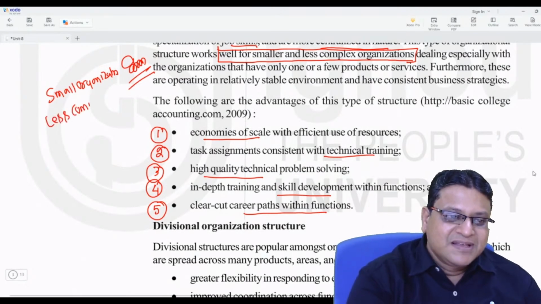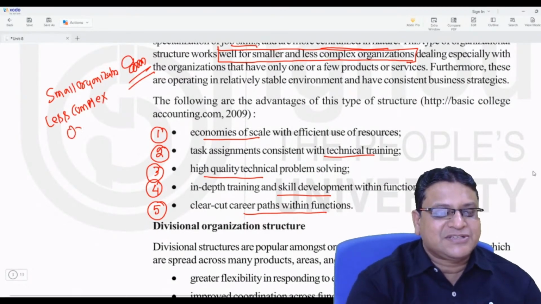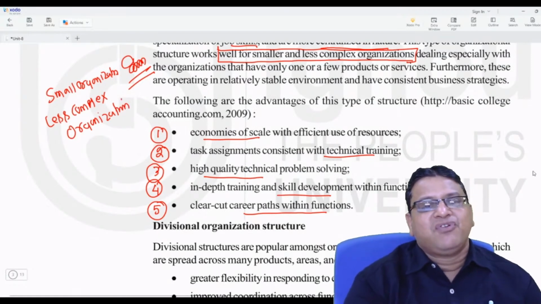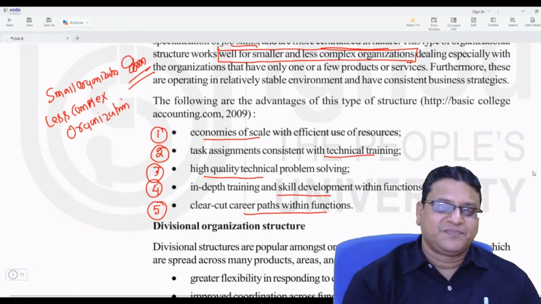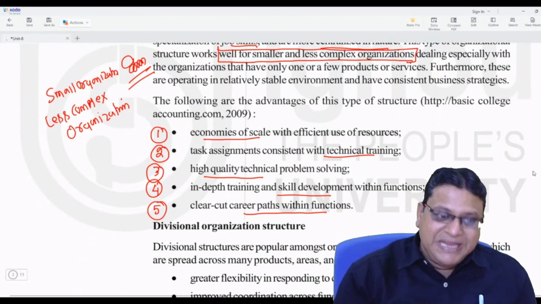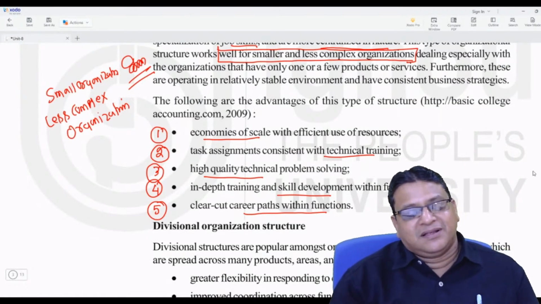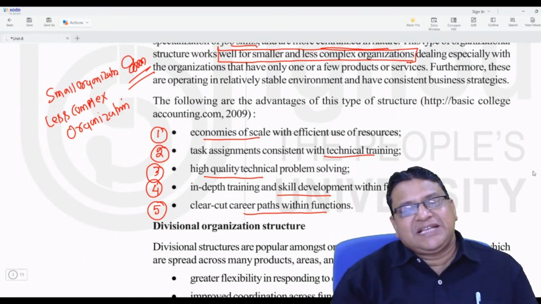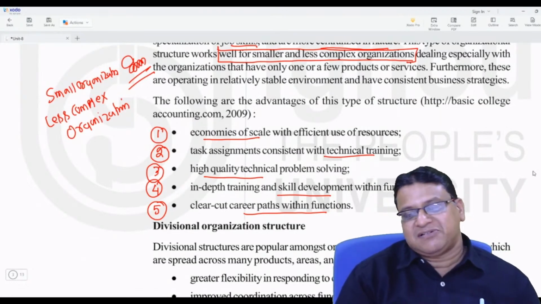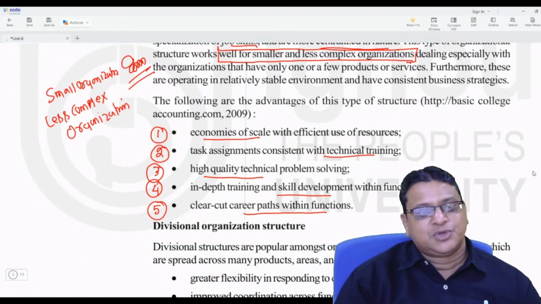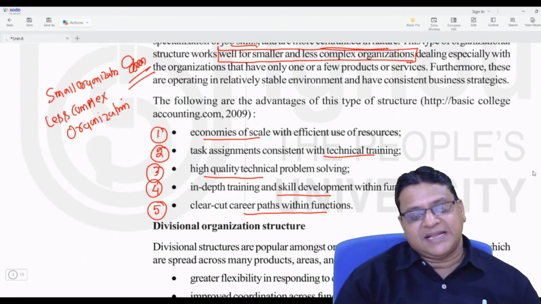In case of small and less complex organizations, we follow the functional organizational structure. When the organization is big, spread over many countries, and the operation is highly complex in nature, this type of structure does not suit that particular organization.